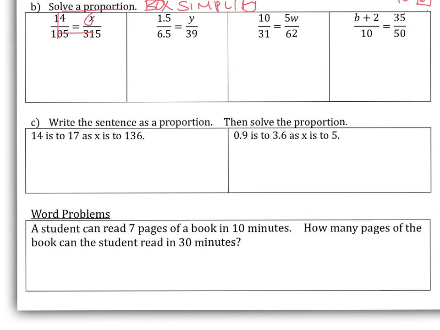And if you have a number here with a variable over here, then you can also simplify vertically on this side. And if you have a number here and the variable happens to be down here, you can simplify between the numerators. So I call this box simplification. So again, let's begin.